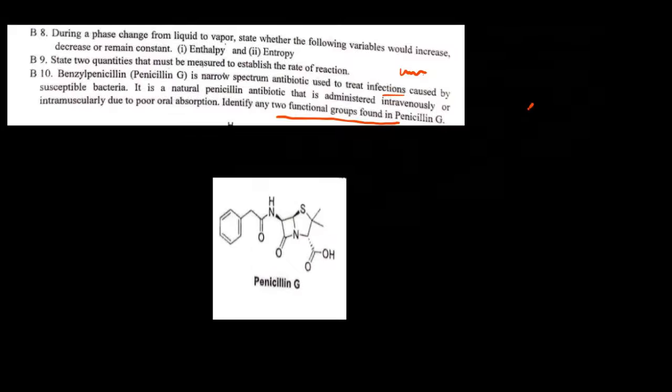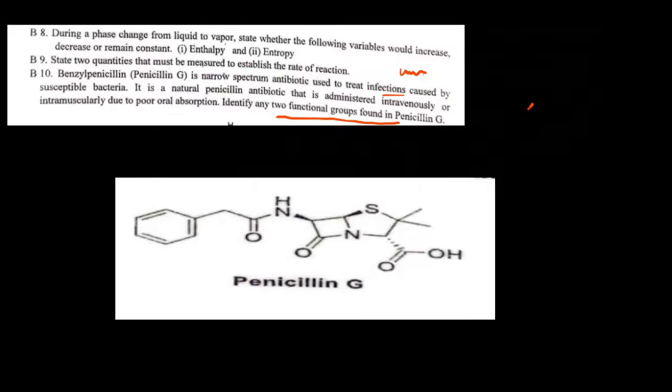In a nutshell, penicillin is an antibiotic that is administered. Identify any two functional groups found in the penicillin G. We've been given this diagram as our penicillin G. Let me bring it here and make it a little bit bigger. So this is the diagram for penicillin G. They're saying identify any two functional groups.